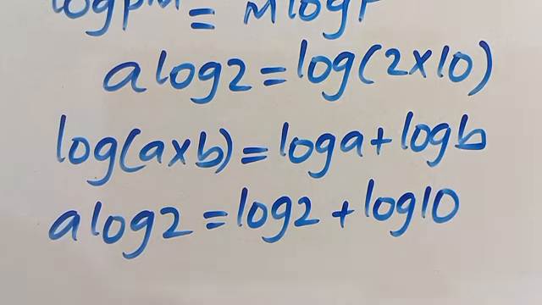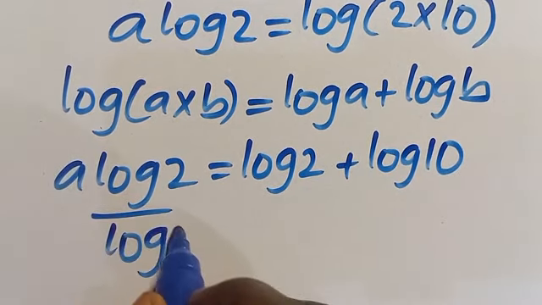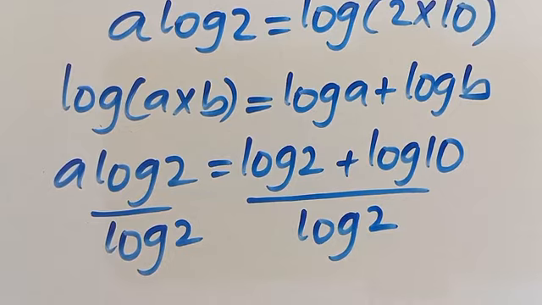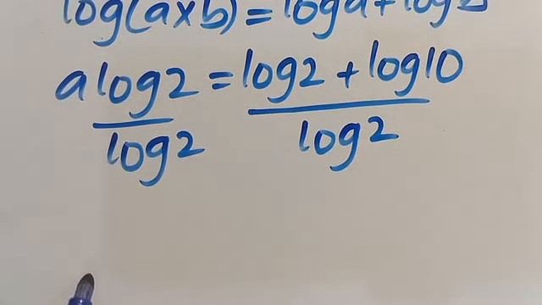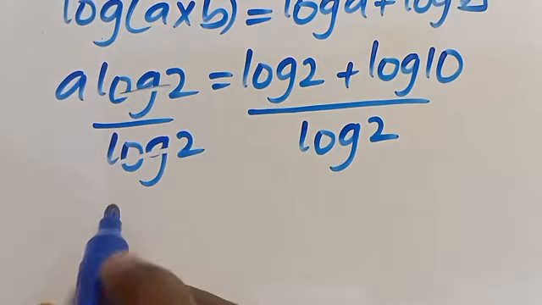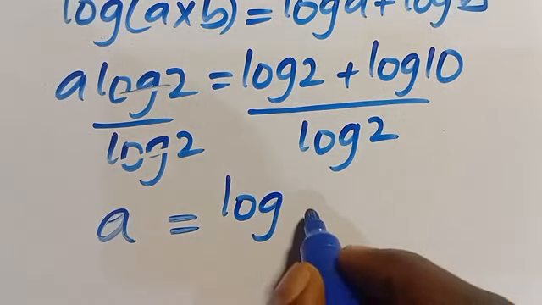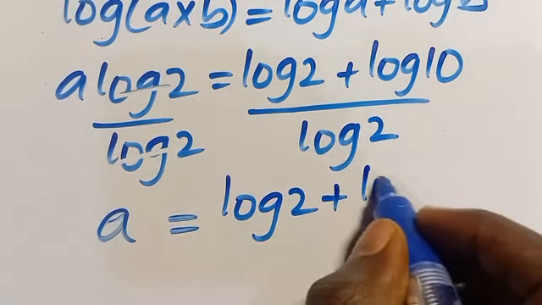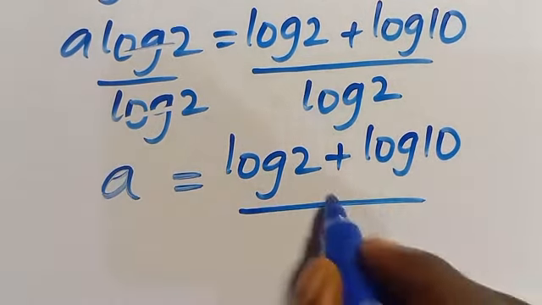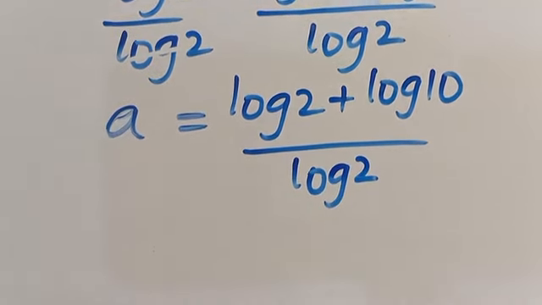Dividing through by this log 2, here will also be divided by log 2. So this, we divide by this, will give us 1. Times this we have a equals log 2 plus log 10, all divided by log 2.